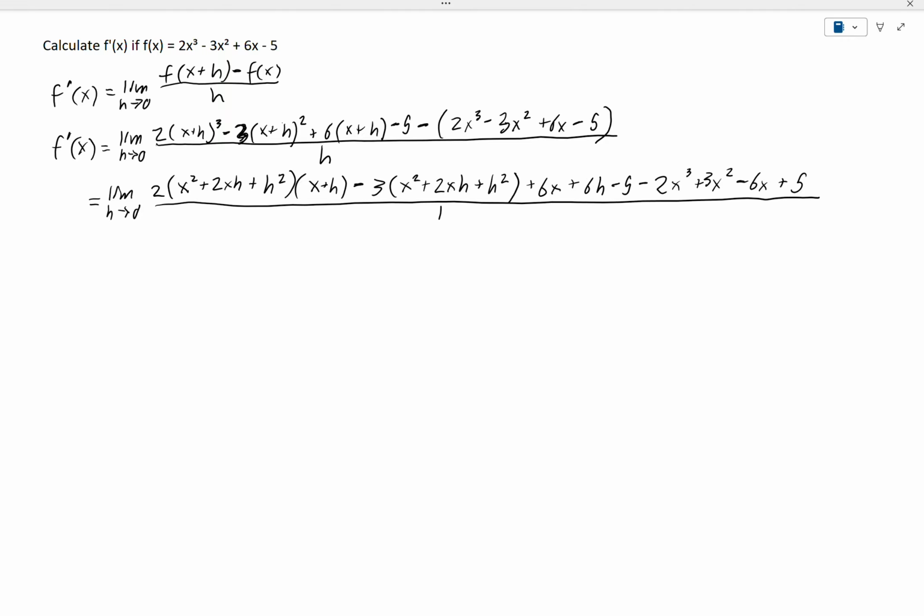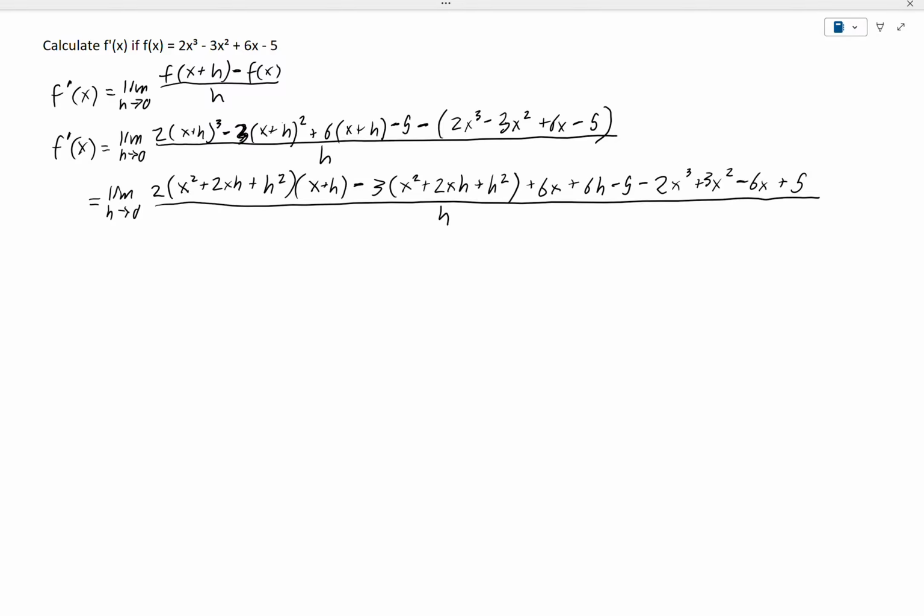So I still have another set of distributing right here, and I need to distribute this to each of these terms in here. So instead of writing this entire thing out again, I'm going to cancel some stuff during this step, so I don't need to write out so much for the next step.